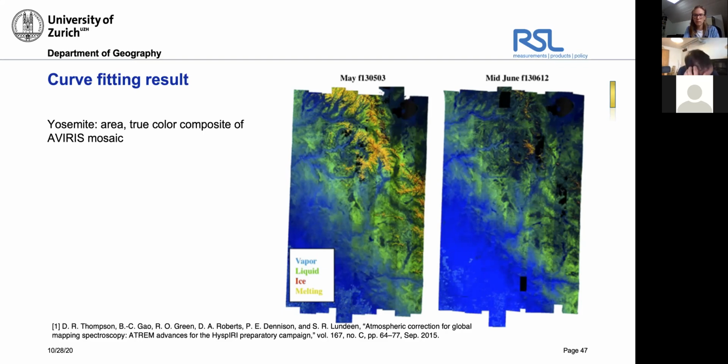Usually one image takes about a night to process, and if you want to do a whole campaign, you have to wait a few nights. Compared to differential absorption, using this method in an operational, fast way is not yet feasible. Even so, scientifically, it's the best method available currently.